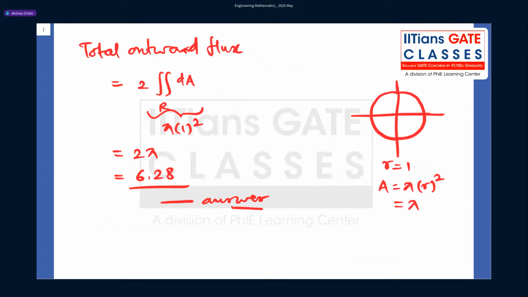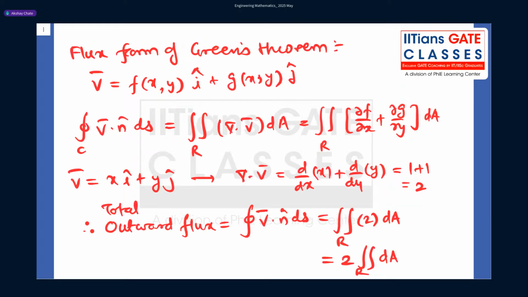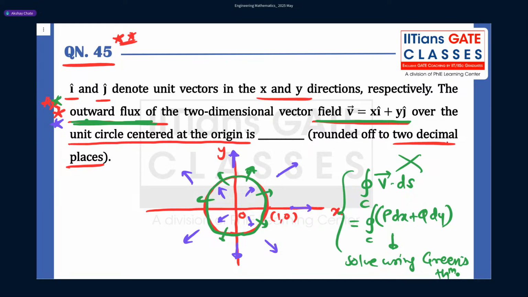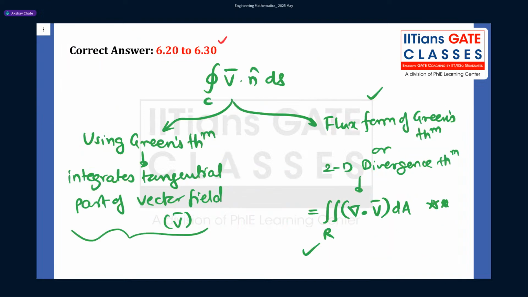Okay, so I would say this was the most difficult question, not because of the nature of the question. It's just that they have tricked in the language of the question. Most of the students who would have attempted this question would have gone by Green's theorem in a conventional sense, but that will give you the answer 0. But that's not the answer because they are not asking you to find the tangential component.